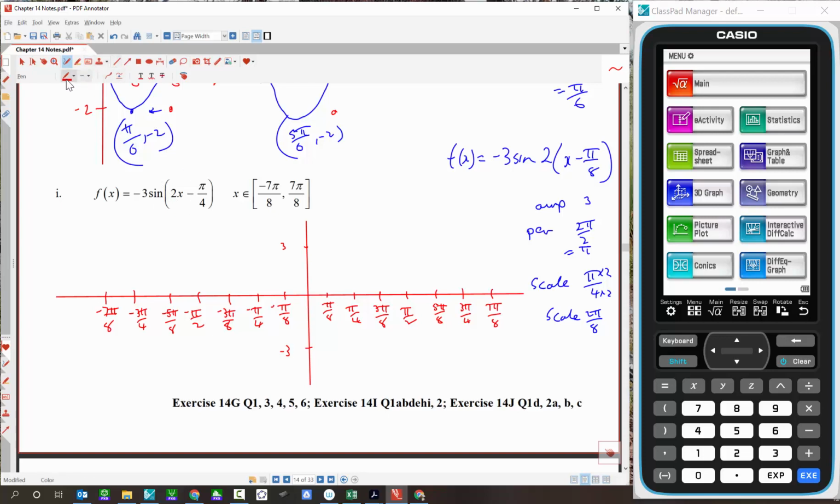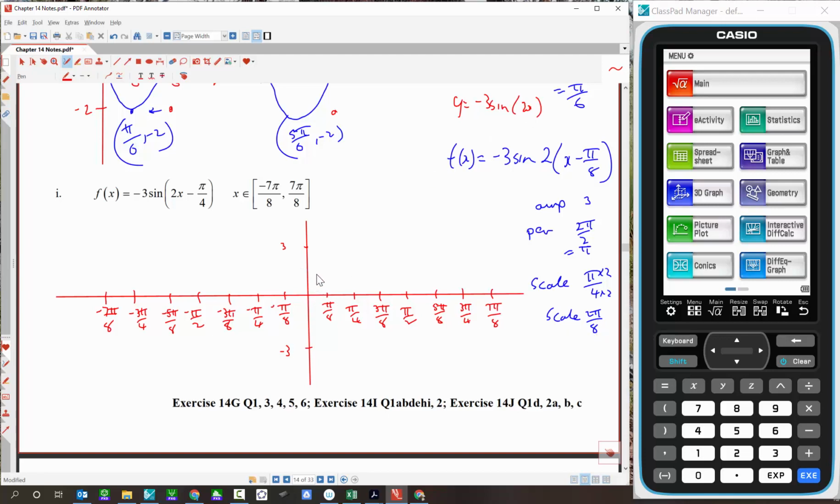We just basically sketch or put points in for one cycle without the translation. So let's forget the translation for the moment. Right, so what we're sketching is y equals -3 sine 2x, noting that our scale is 2 pi on 8.